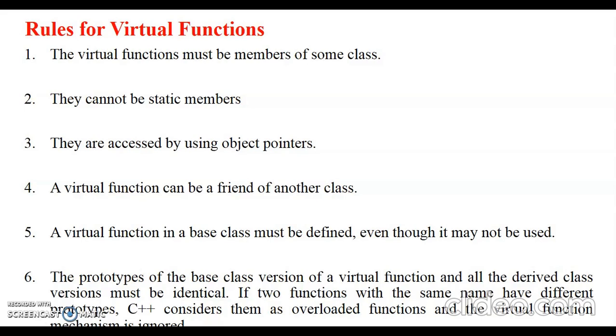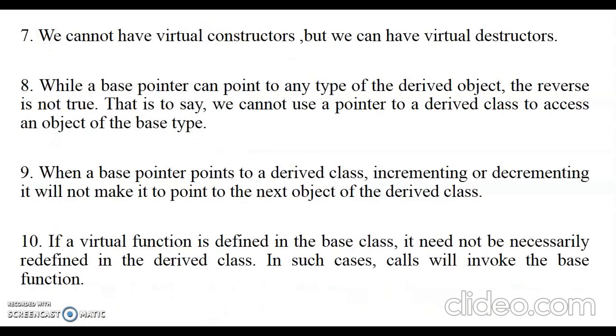The prototypes of the base class version of a virtual function and all derived class versions must be identical, meaning their name, their parameters, everything should be identical. Only then is there a meaning of virtual function, because only then will overriding exist. If it is not so, and the functions have different prototypes, C++ will consider them overloaded functions, not overridden functions.